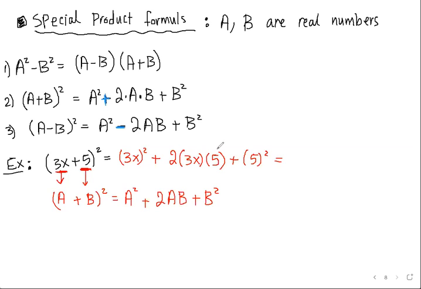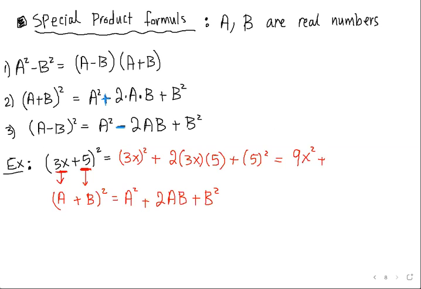How can I simplify this one? Now, 3x everything squared is equal to what? 9x squared. Plus what? 2 times 3 times 5.